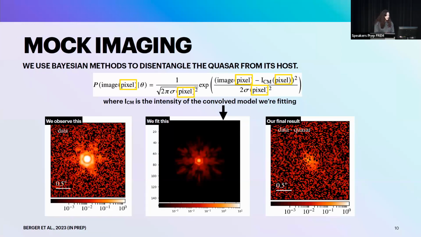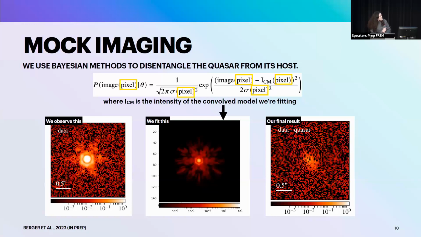So the next thing I did was a bit more of a qualitative approach, which then leads to some quantitative measurements. We needed mock imaging to be able to compare our BlueTides simulation quasars to the actual quasars that were observed. So we observed something like this, and then we use MCMC, or your favorite sampling method. Ours is just MCMC. And we sample from this joint probability likelihood.